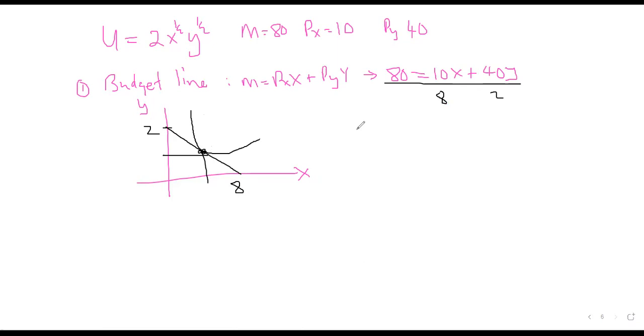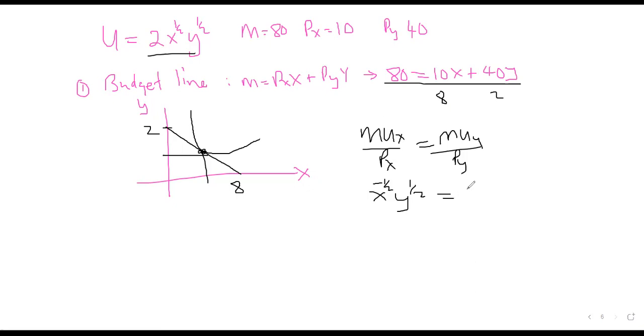Who remembers our maximization bundle? MUX over the price of X is equal to MUY over the price of Y. So when you differentiate this, remember our MUX was what? The negative was on the X. When you differentiate it, our negative was on the what?